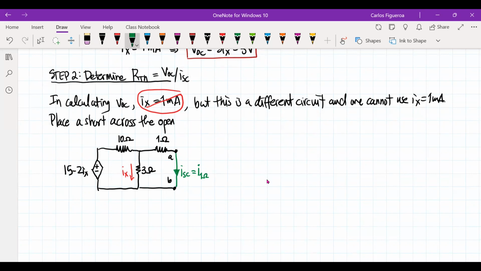So what I want to do here is rearrange my circuit. I don't have to rearrange it, but you can see that the 3 and the 1 are now parallel. Note that the 3 ohm and 1 ohm are in parallel.